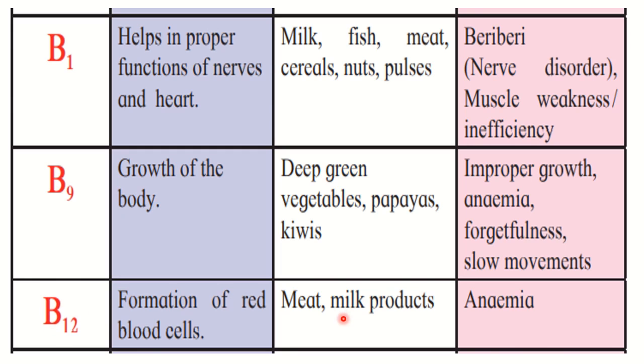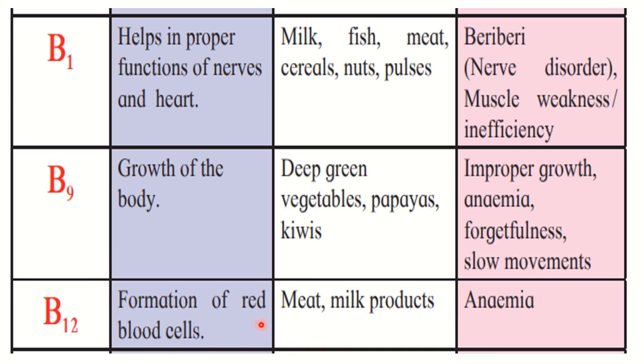So the formation of red cells is done by vitamin B12, and its sources are meat, milk and milk products. And the disorder is anemia. As I have said, anemia means the less amount of blood present in the body, or the hemoglobin level is less. So these diseases can be formed because of B12.